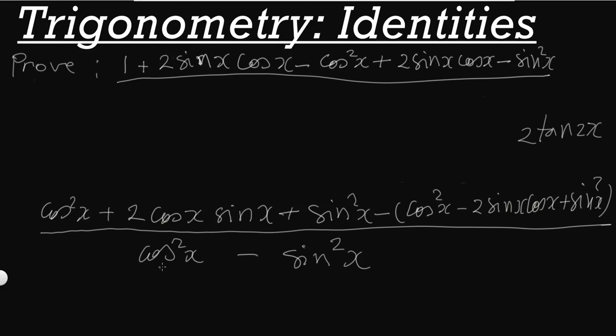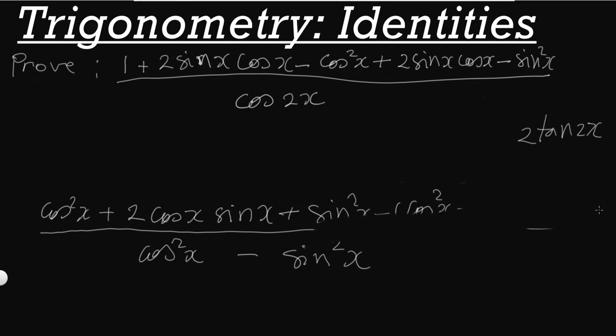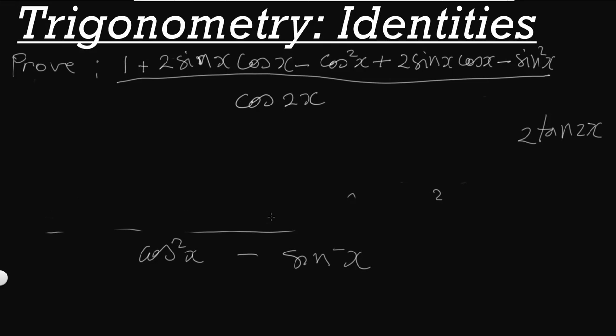Now remember the identity: cos squared x minus sin squared x gives you cos 2x.